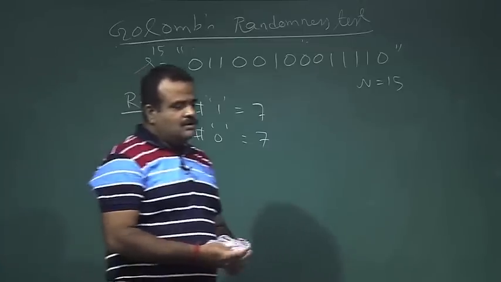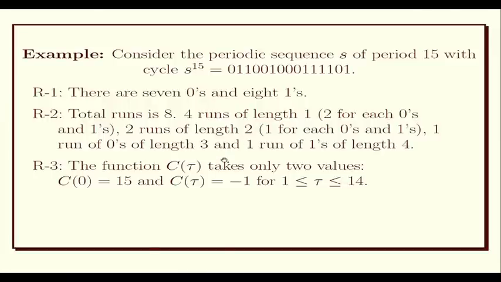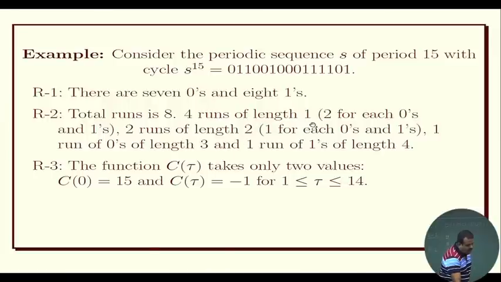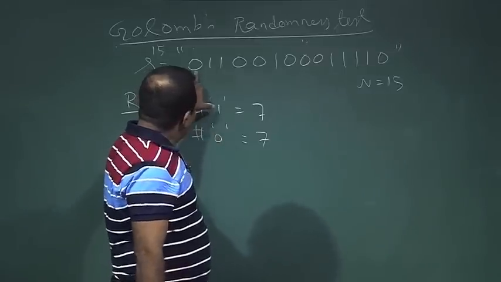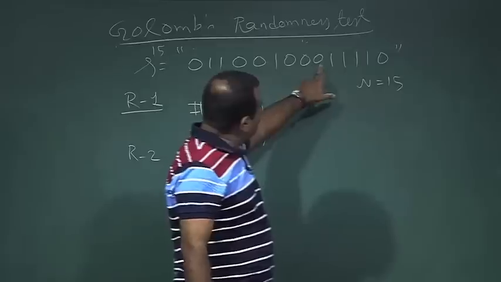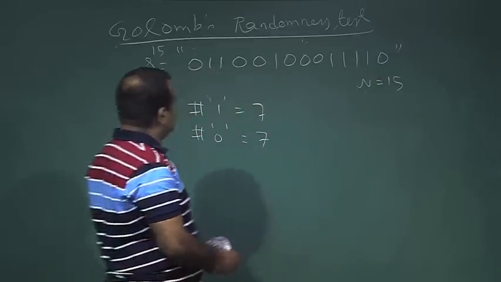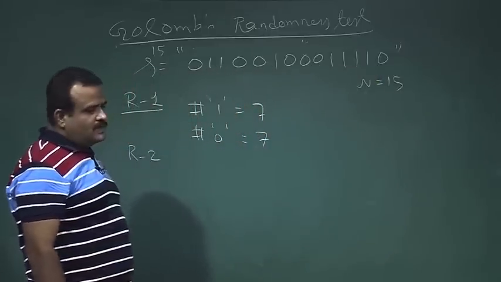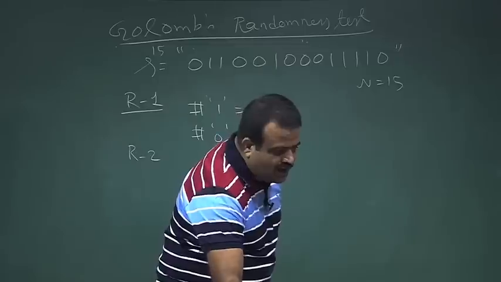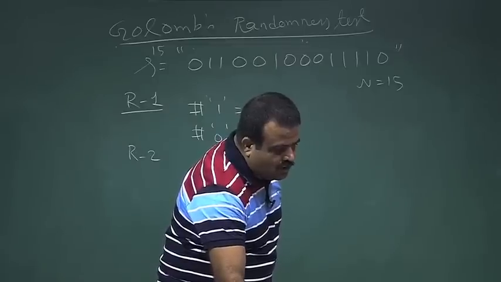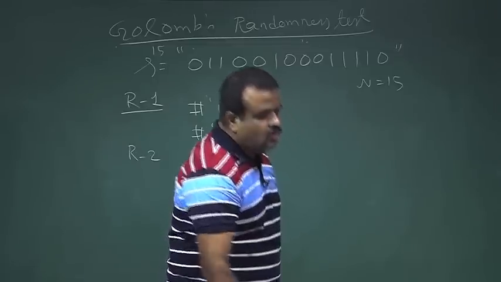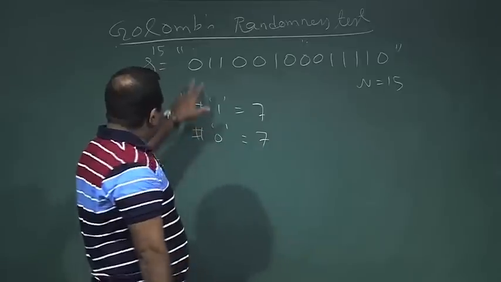Among these, this rule is telling us half of the runs should be of length 1. Half means 4 runs should be of length 1: 1 2 3 4, these are of length 1. And 1/4 of the runs should have length 2. 1/4 of 8 is basically 2, so 2 of the runs should be of length 2.